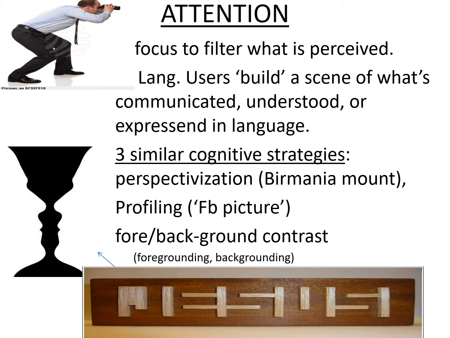For example, try to perceive the lighter part as your background. Hopefully, you're gonna see the word Jesus, because your eyes are foregrounding the brown letters J, E, S, U, S, and then the lighter part you are backgrounding, and that is what happens when we pay attention.